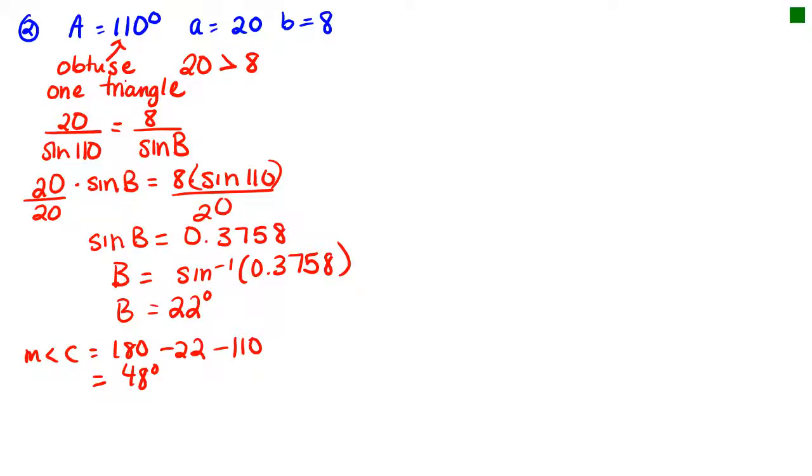And now I can find side C using the law of sines. Actually, let me write this over here. Side C over sine of 48 equals side A over sine of angle A. And then I'm going to cross multiply.